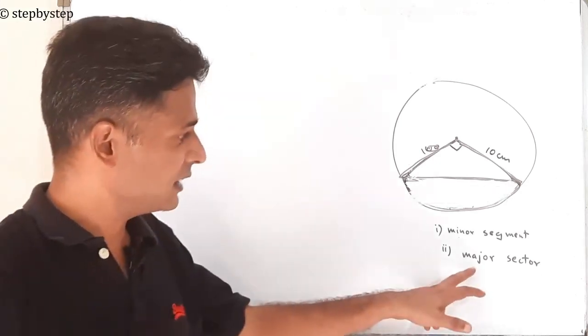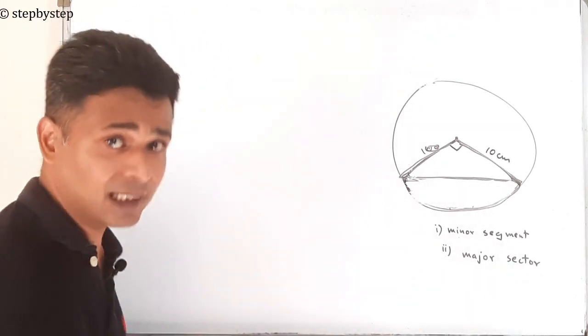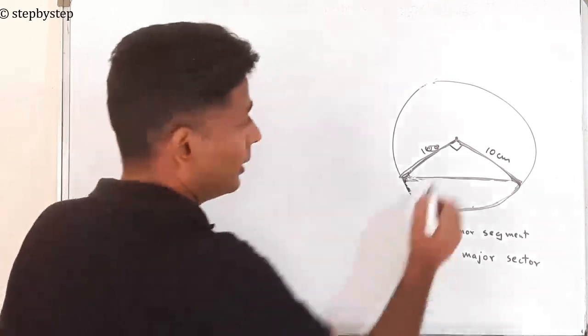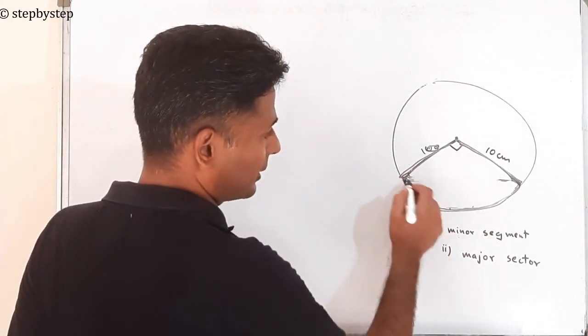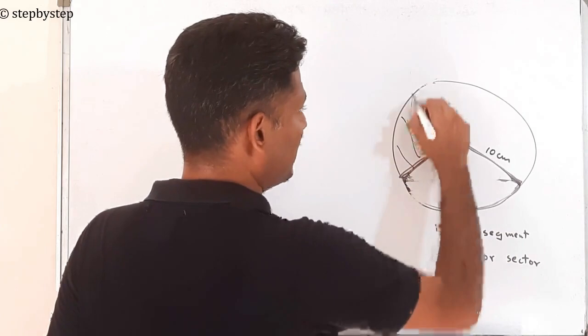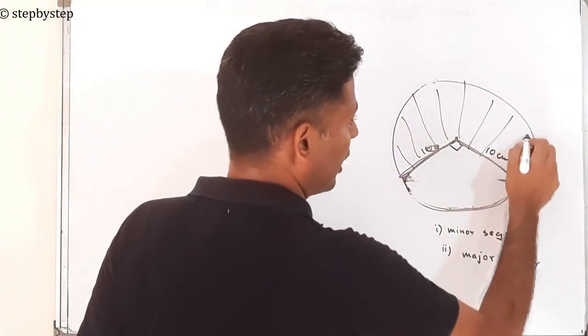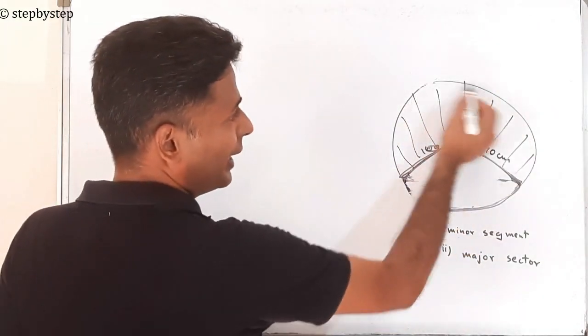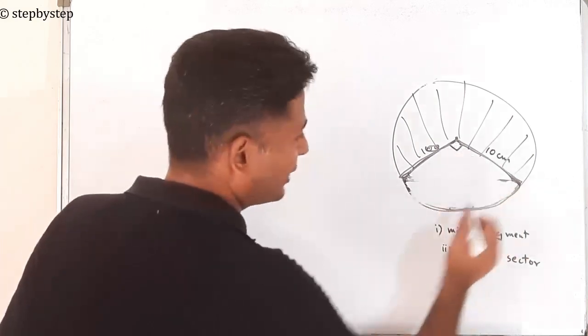Now the second thing they have asked you is the area of the major sector. Remember, not major segment. This becomes the minor sector and this becomes the major sector. So how do I find the area of the major sector? Area of the circle minus area of this sector.